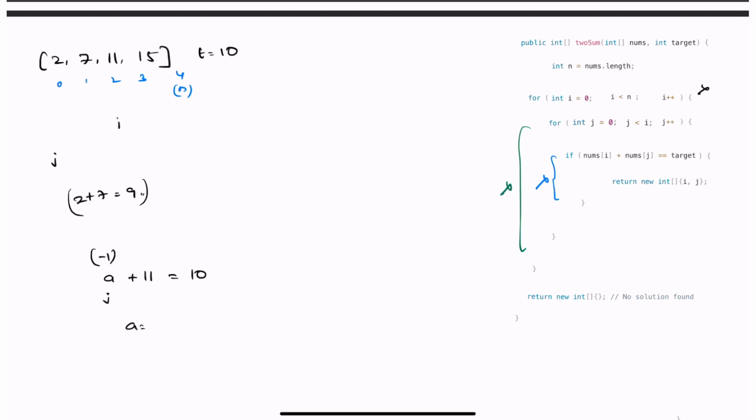That can be found as target minus the element on which you are standing, that is nums of i. So here it is 10 minus 11, which is -1. So this is the only element that can satisfy our given target.